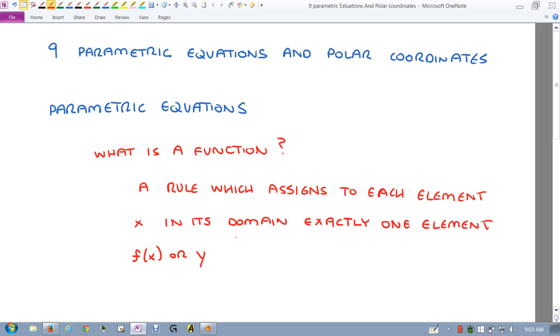And that's pretty much it. And the key to it is that it was exactly one element.